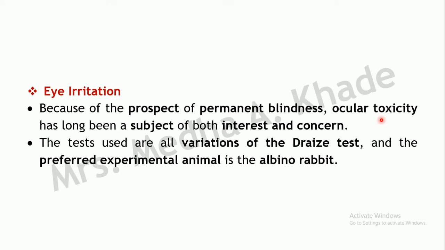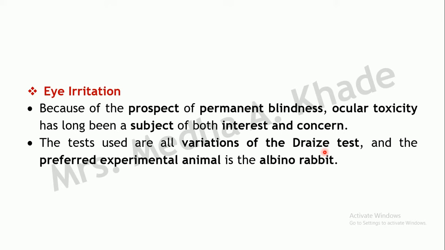So that's the point of concern. Okay, it is highly damaging to the eyes of the animal. Usually in the olden days, the Draize test was utilized. Nowadays there are so many variations of this Draize test which have been developed.